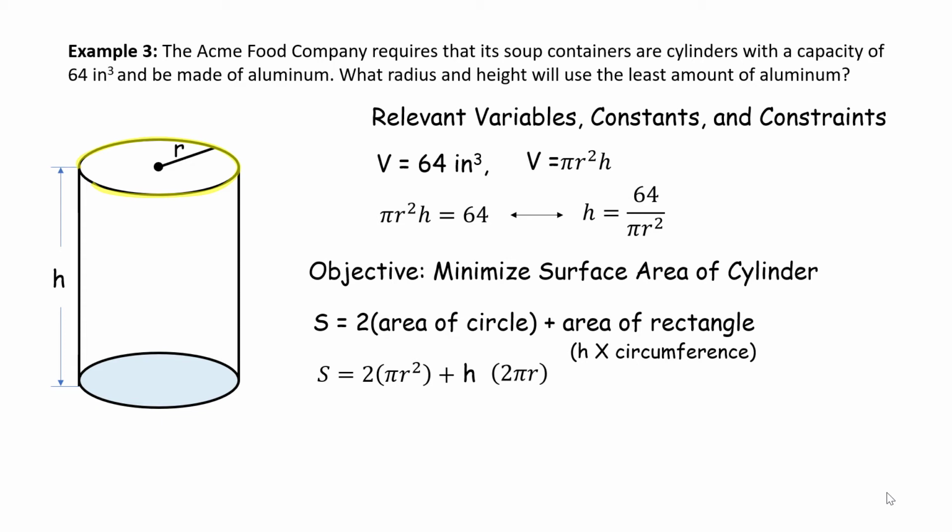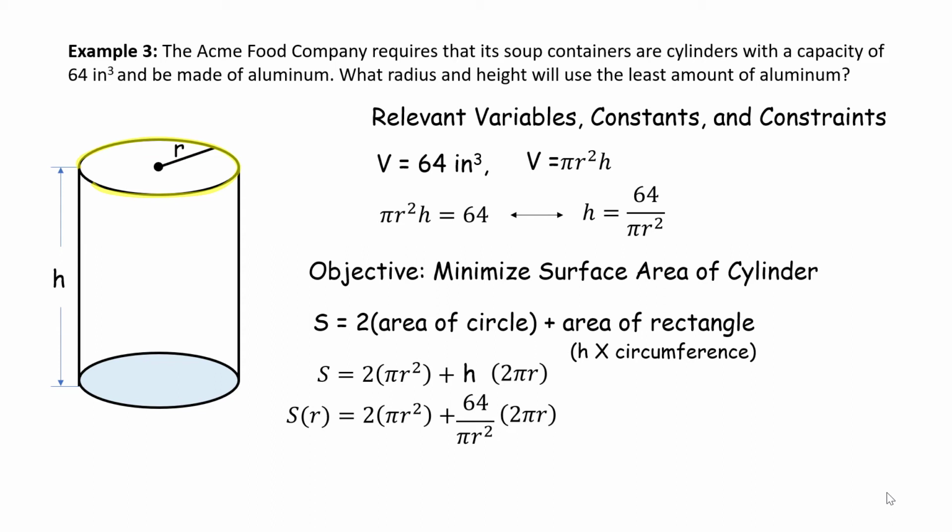We need to decide in which variable we want to solve this, r or h. Previously we already solved for h in terms of r, so let's do the surface area. S of r is equal to 2 pi r squared plus, where h was, let's replace it with what we said it was equal to before: 64 over pi r squared, and still multiply by the circumference.